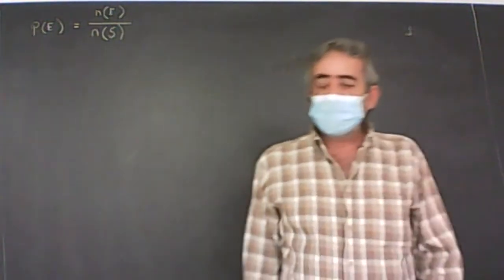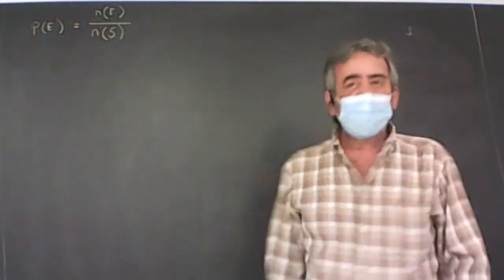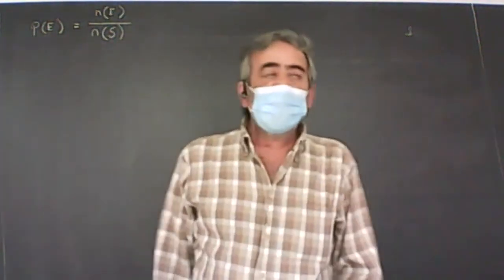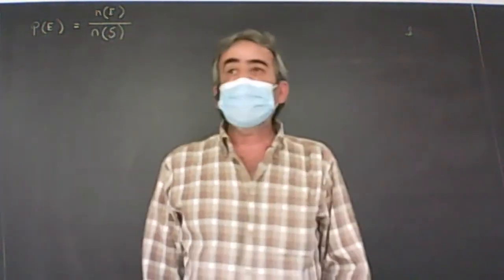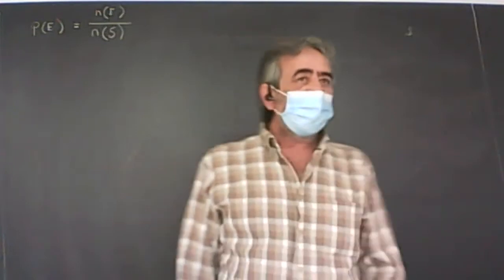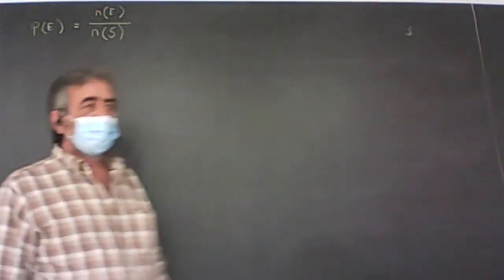So I look at the sample space and see how many elements it has, I look at my event and see how many elements it has, and then I divide the two. That is the probability of that event happening. Okay?